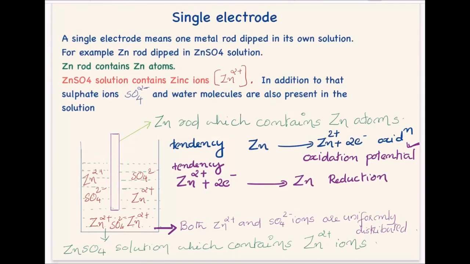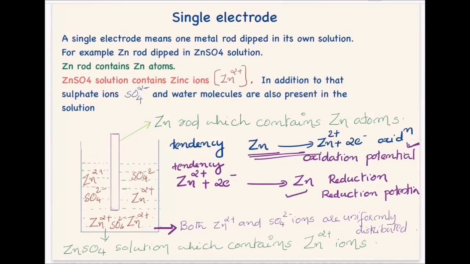That tendency of reduction, we call it reduction potential. So how many potentials are there? Two types of potential, two types of tendency. One is oxidation potential, that is for the zinc atom in the zinc rod. The second tendency is for zinc ions to accept electrons and undergo reduction, and we call that potential reduction potential.